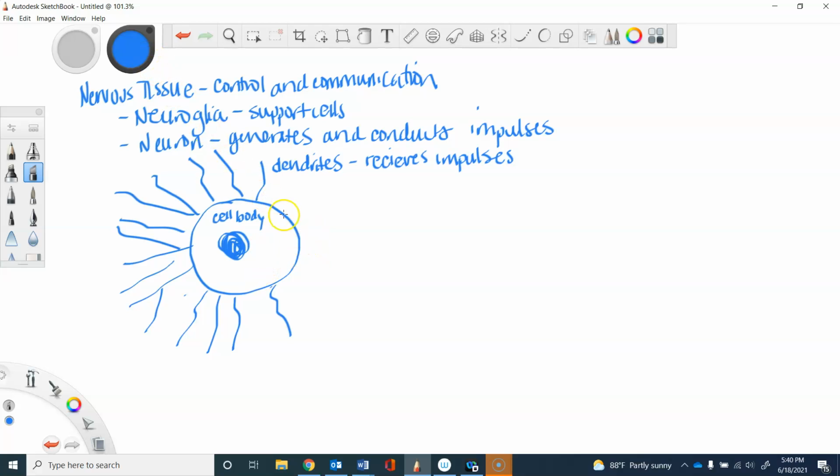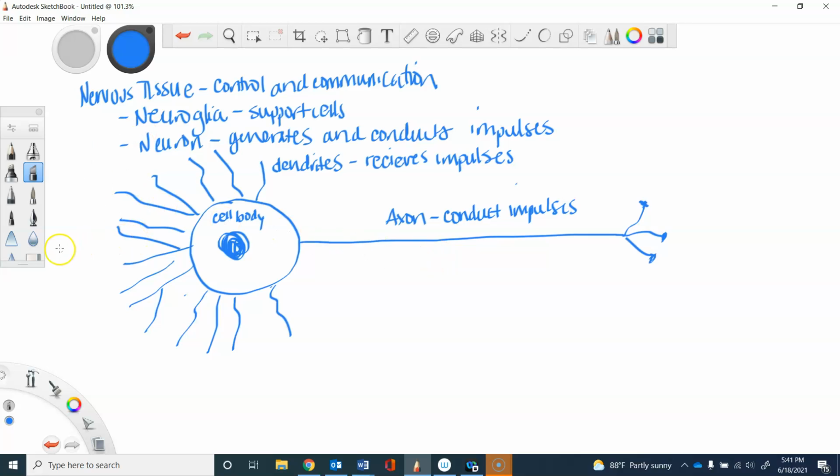And the other structure here is called an axon. The axon is the conducting part of the neuron. So it conducts the impulses.